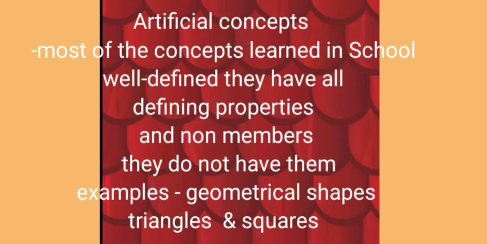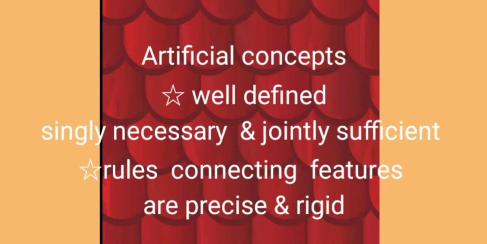A triangle always has 3 angles and 3 sides, and a square always has 4 equal sides and 4 right angles. They are very well defined, and it is singly necessary and jointly sufficient. And rules connect the features, and they are very precise and rigid. So that was all about artificial concepts.